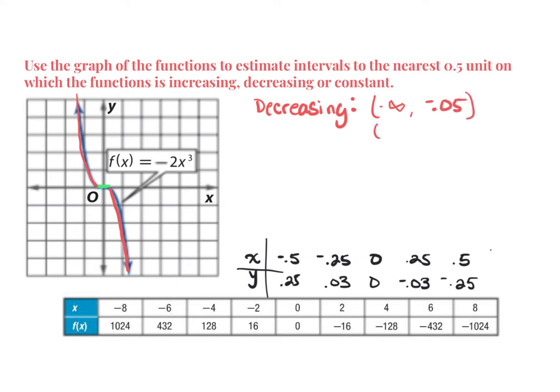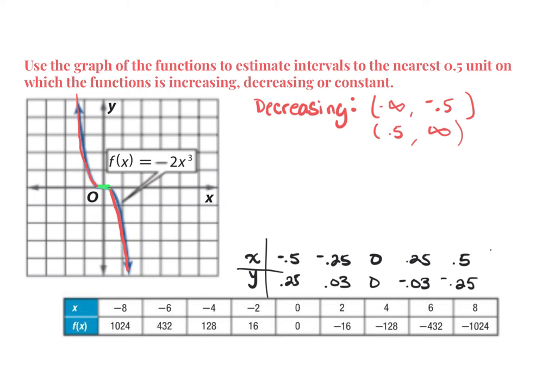And then we're decreasing again from that point, 0.5, to infinity. Then it looks like we are constant in between this interval.